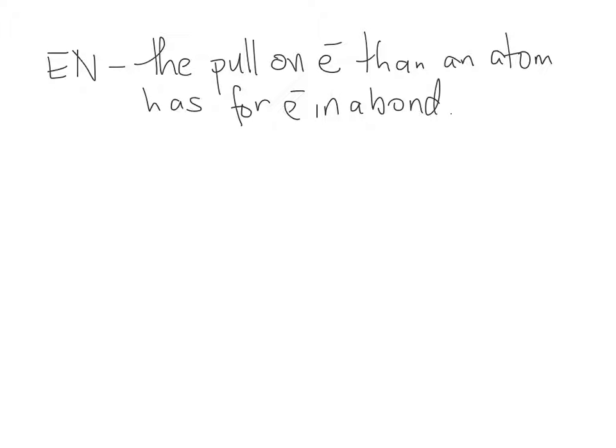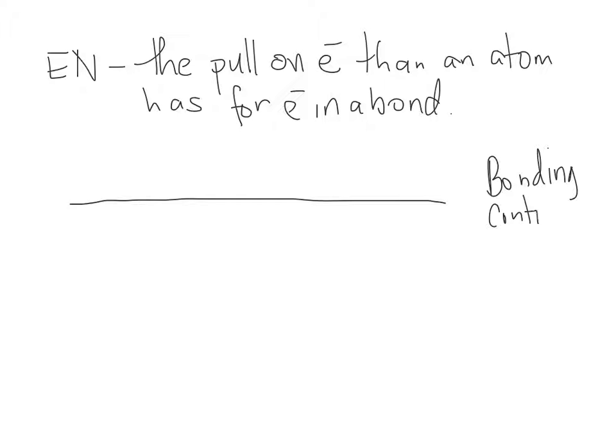So this is the pull an atom has for its bonding electrons. And what this is, a number scale that goes from 0 to 3.3. Where you are on this line will tell you what type of bond you have.